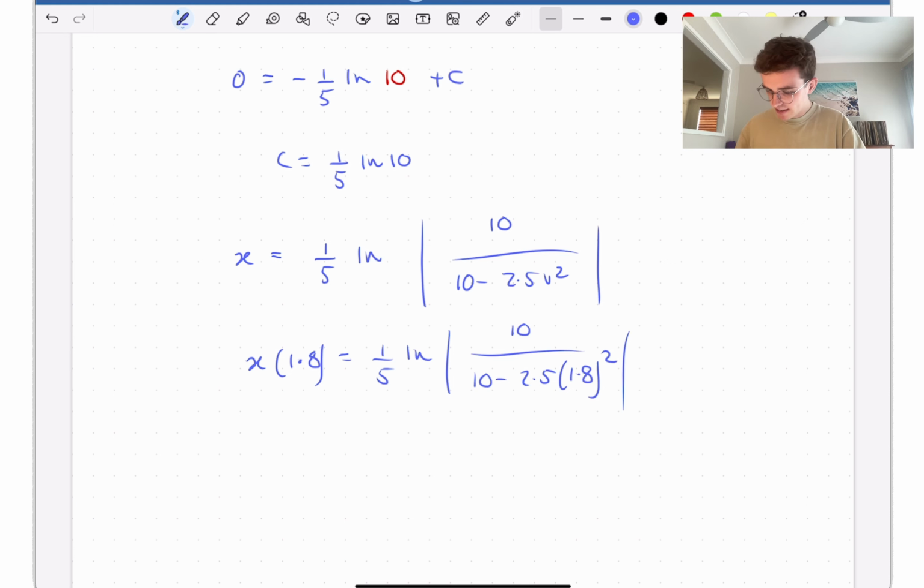Type that into our calculator. So 1 on 5 ln of 10 over 10 minus 2.5 times 1.8 squared. So we get it's 0.33 meters. We're done. All right.